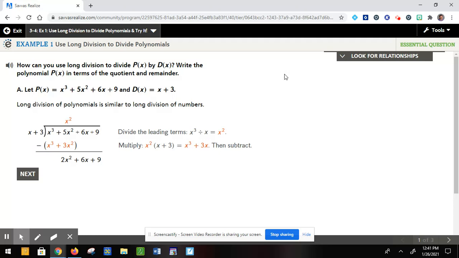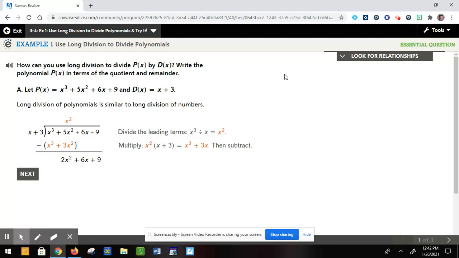The most common mistake, back when we were doing school in person, and someone would make a mistake on a question just like this, and they would bring it to me and say, I got it wrong, I don't know why. I would just instantly look at the subtracting step, because 99%, maybe even 100%, of the time a mistake happens, it's the subtracting part.